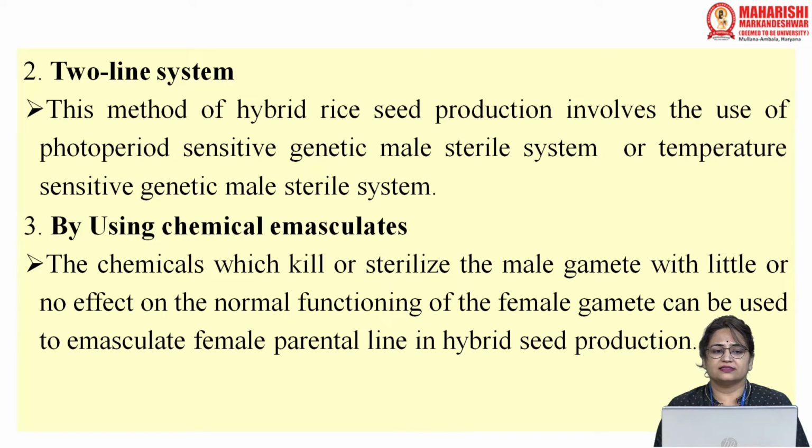Second is the 2-line system. This method of hybrid rice seed production involves the use of a photoperiod sensitive genetic male sterility system or a temperature sensitive genetic male sterile system.